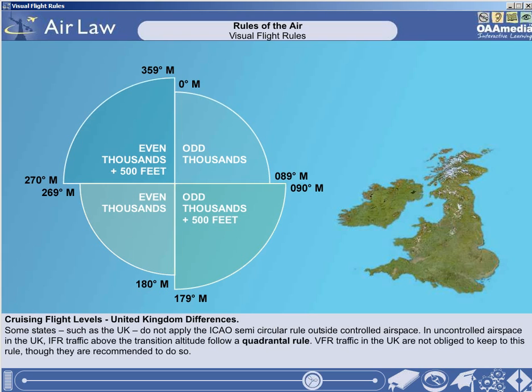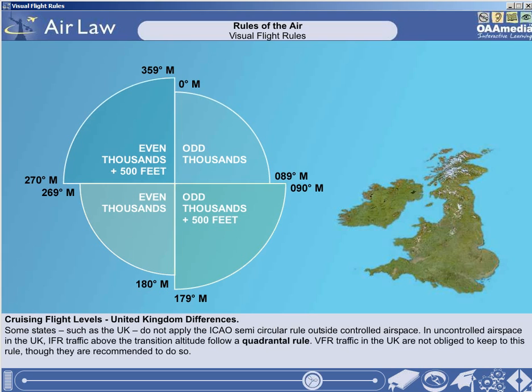Some states, such as the United Kingdom, do not apply the ICAO semicircular rule outside controlled airspace. For instance, in uncontrolled airspace in the United Kingdom, IFR traffic in level cruising flight above the transition altitude operate in accordance with the quadrantal rule depicted on screen here.